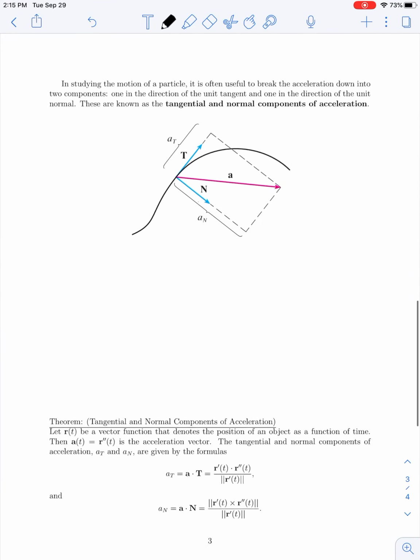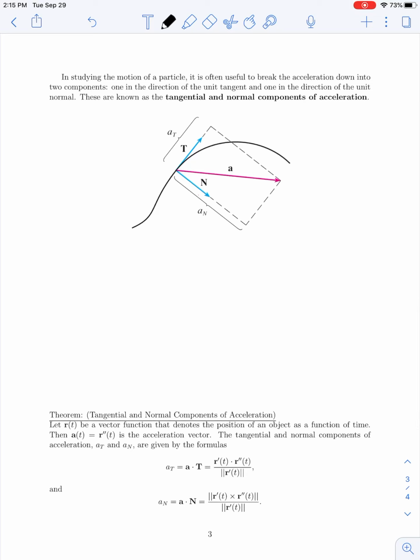Now in the last part of this section, we're going to introduce something called the tangential or normal components of acceleration. So I'll mention that in some applications, if we're studying the motion of an object, it would be useful to consider breaking our acceleration vector down into two components, where one would be acting in the direction of the unit tangent vector, and the other would be acting in the direction of the unit normal vector.